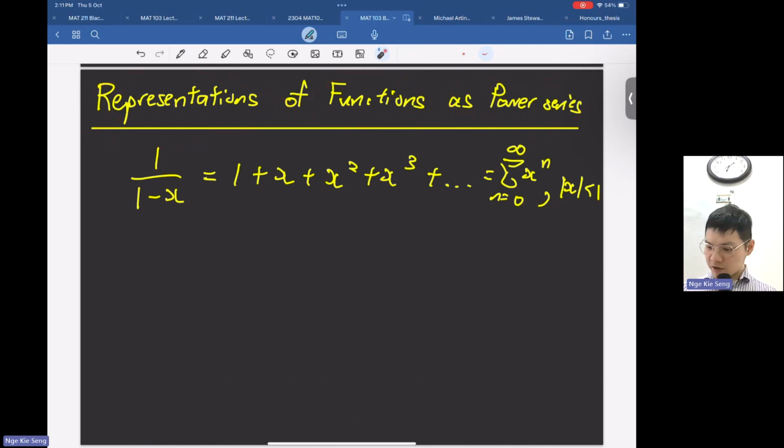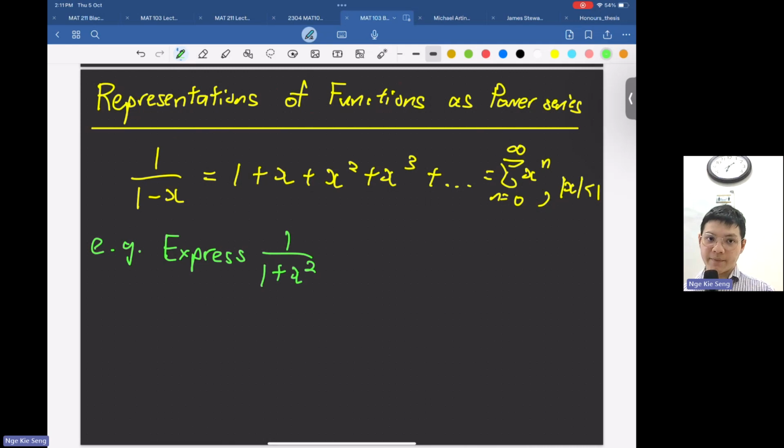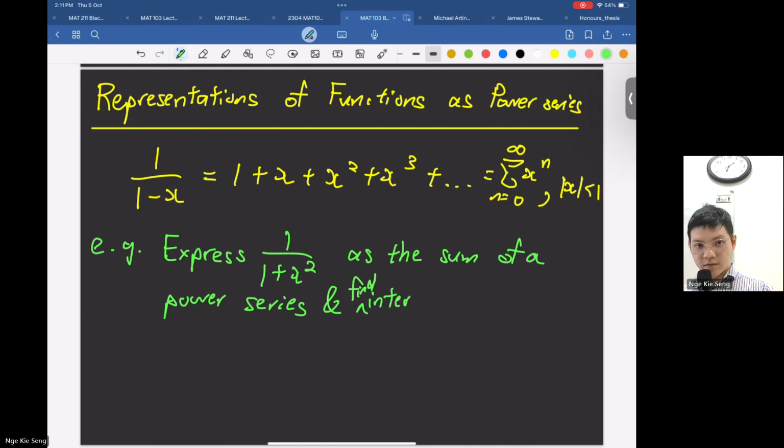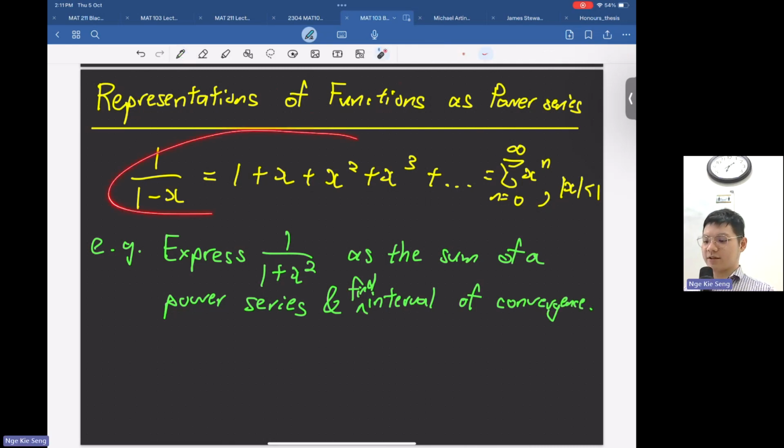Can we express 1 over 1 plus x squared as the sum of a power series, and then find the integral? Any idea how to do it? The only information I gave you is this one.